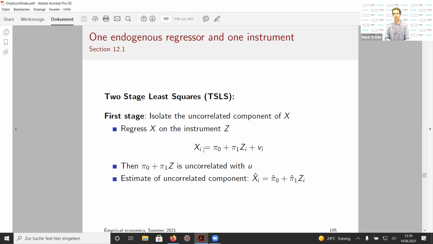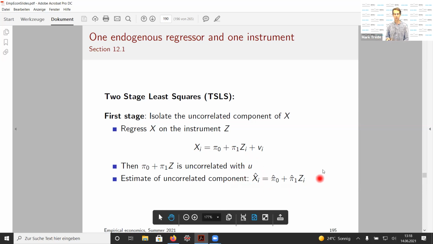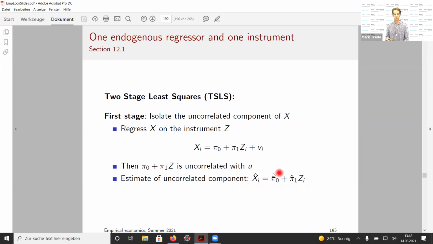In this case, the predicted values of X being predicted as functions of Z, rather than the predicted values of Y being predicted as functions of X. Okay, so the predicted values of X are, of course, well, what we have learned about predictions. So we use the estimated intercept and the estimated slope.